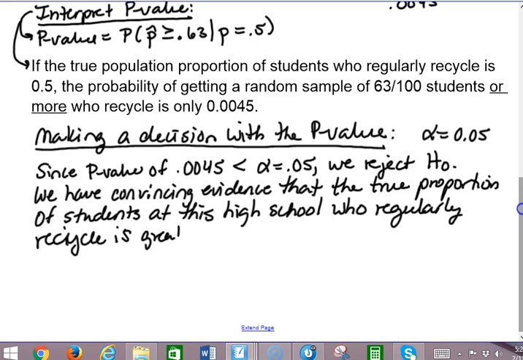Or we could say we have convincing evidence that the true proportion who regularly recycle, or that the majority of the students regularly recycle, because that's what the question was asking.